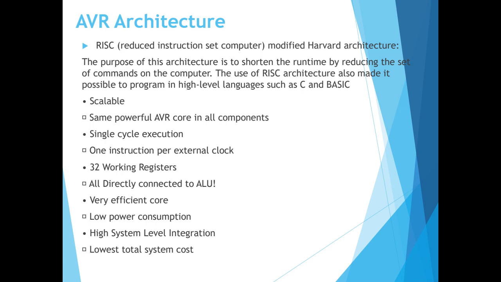As I said, the purpose of this structure is to shorten the runtime by reducing the set of components on the computer. Actually, the use of RISC architecture also made it possible to program in high-level languages such as C and BASIC.